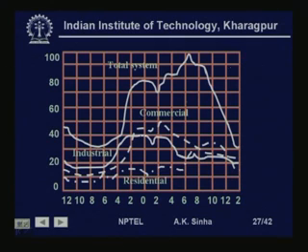Whenever load increases, there is a reduction in frequency. Whenever the load decreases, there is an increase in frequency, and the job of power system operation and control is to try to maintain this frequency as constant as possible, which is done by means of various types of control devices.